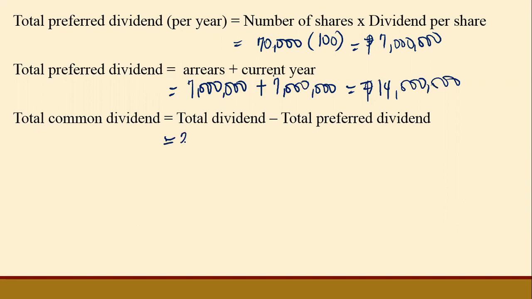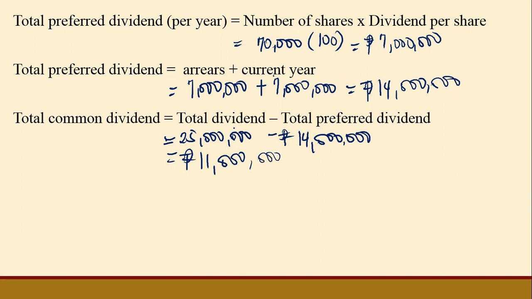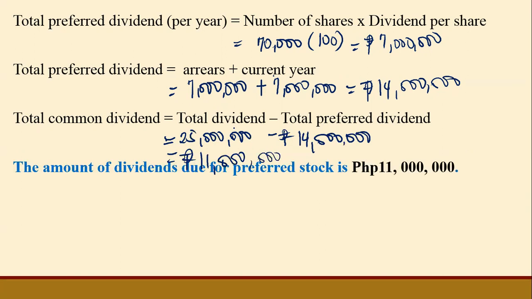So this is 25 million, the total dividend for this current year, and then the total preferred, which is 14 million. So this is now equal to 11 million pesos. Okay, so the amount of dividends due for common stock is 11 million pesos.